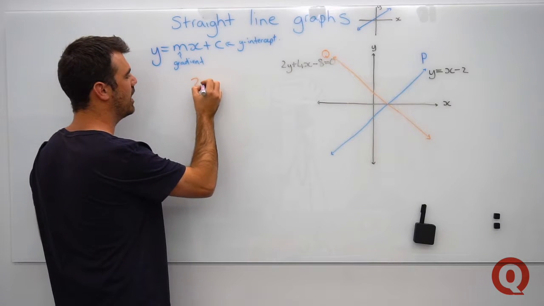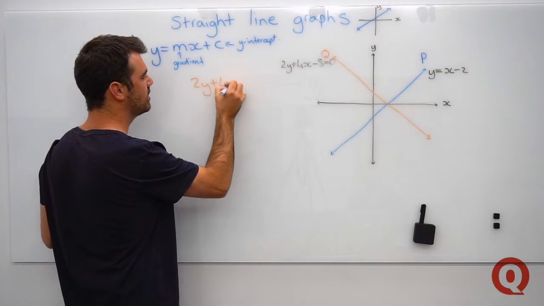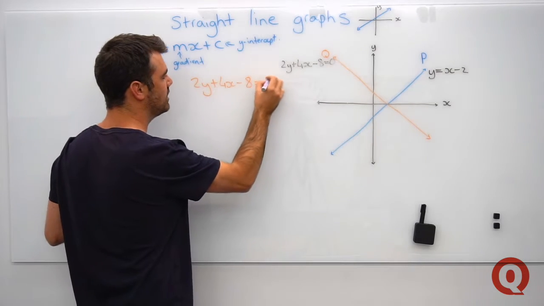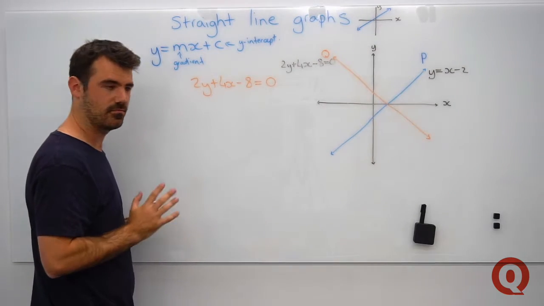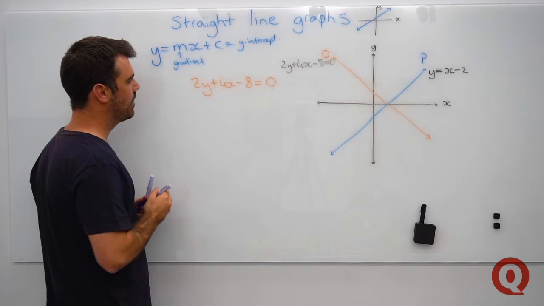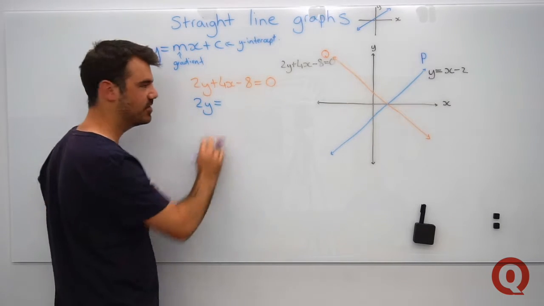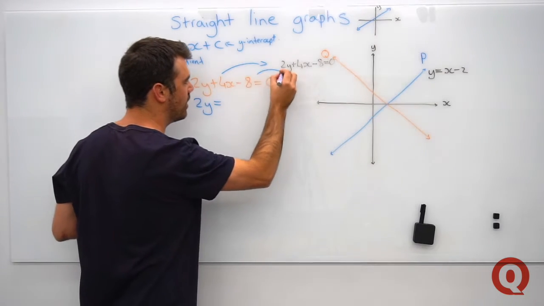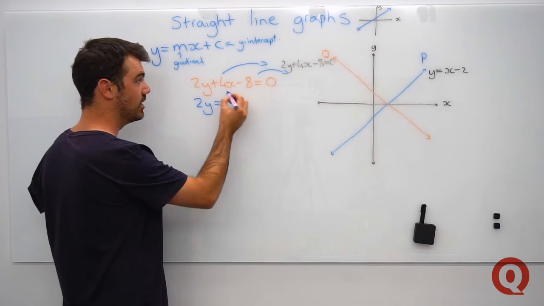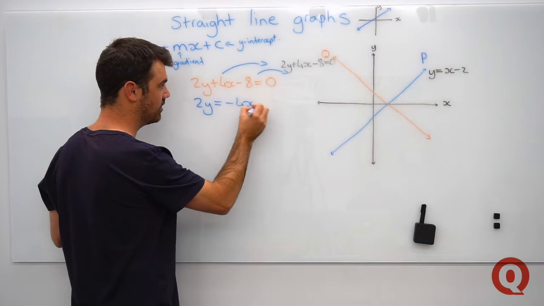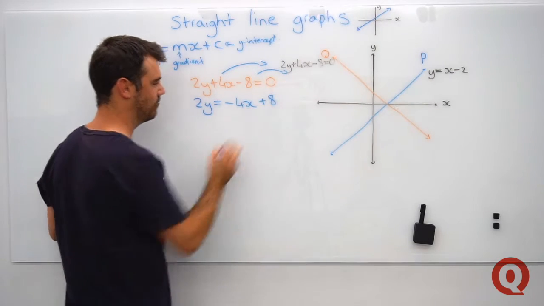So we've got 2y plus 4x minus 8 is equal to 0. Now I need to make it 2y equals. So I'm throwing this across and I'm throwing that across. It becomes minus 4x plus 8.